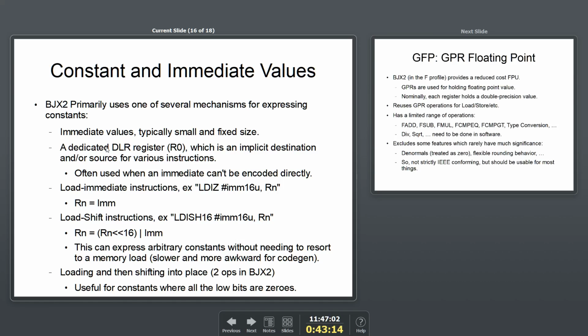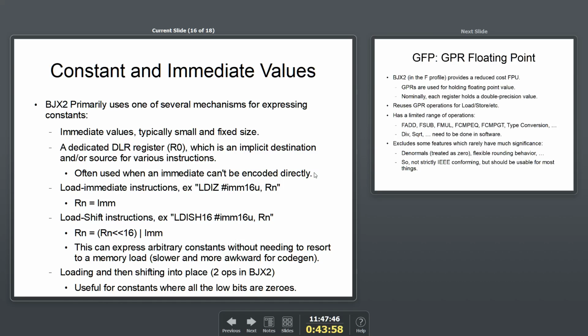A dedicated DLR register, or R0, exists, which is basically an implicit destination and or source register for some various instructions. These are often used when an immediate can't be encoded directly. Basically, in the assembler stage, and also indirectly by the compiler, it sort of pretends that it can use more or less any size immediate with an instruction which can accept an immediate.